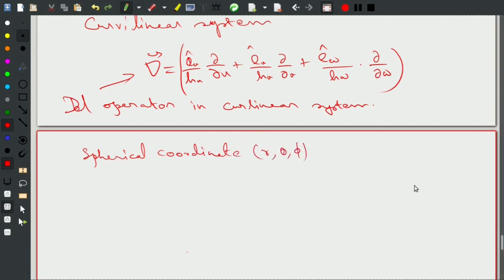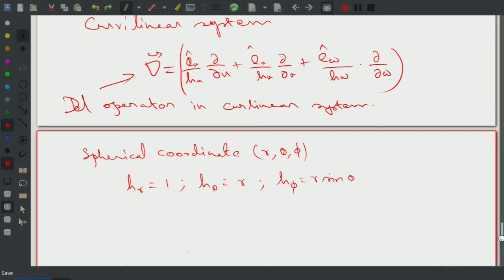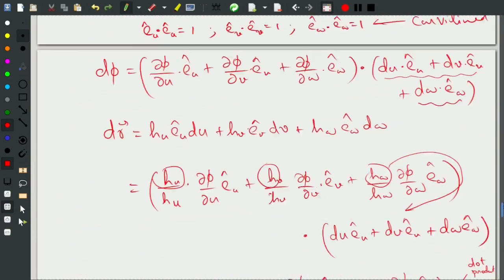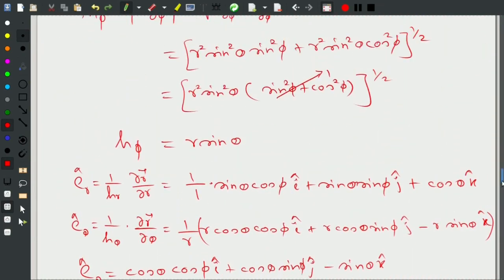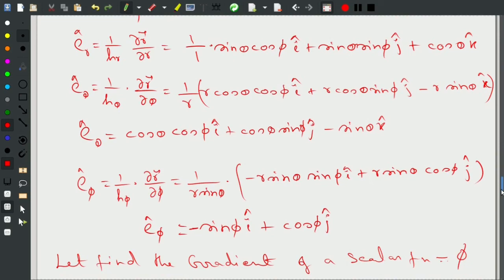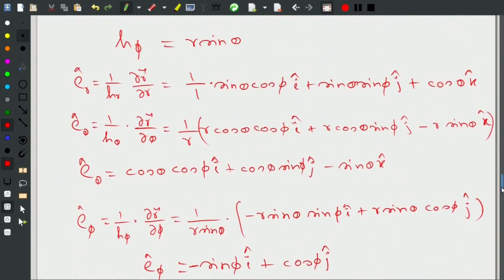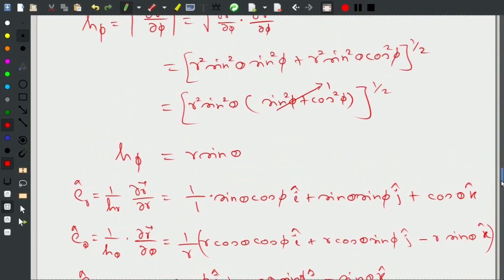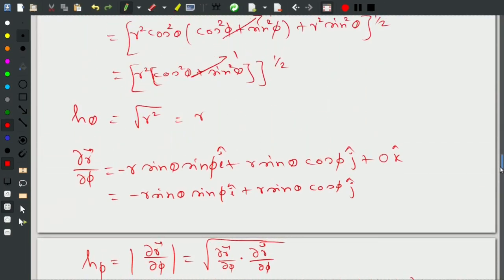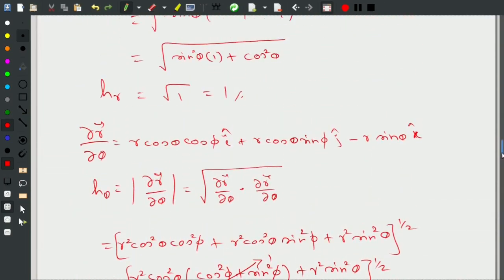These are the parameters, and we know that h r equals 1, h theta equals r, and h phi equals r sine theta. Let's check one more time: h of phi is r sine theta, h theta is r, and h r equals 1.